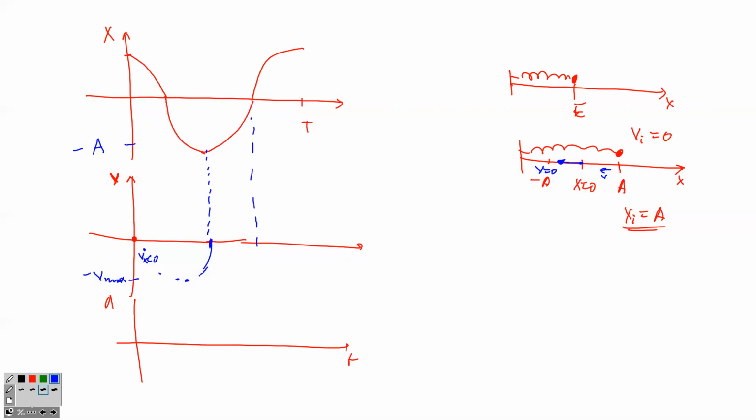So eventually, on its way back, velocity becomes positive, reaches maximum again at the equilibrium, and goes back to 0. And this is one period for velocity. Well, if position is a cosine graph, this is a sine, and it's negative.